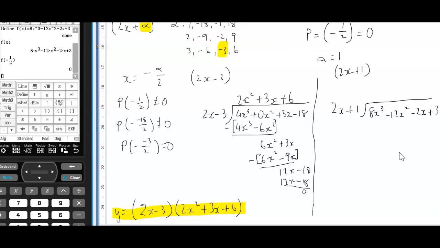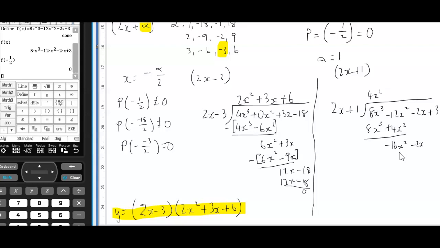All right, so 2x into 8x cubed is 4x squared. And then we're left with 8x cubed plus 4x squared. All right, so we're subtracting, so it's going to be negative 16x squared minus 2x.